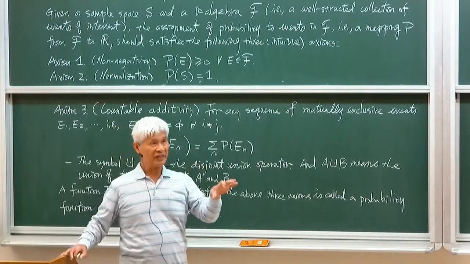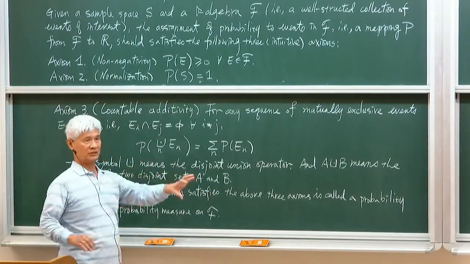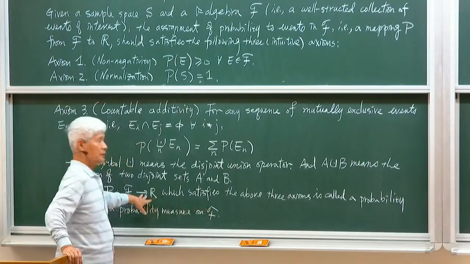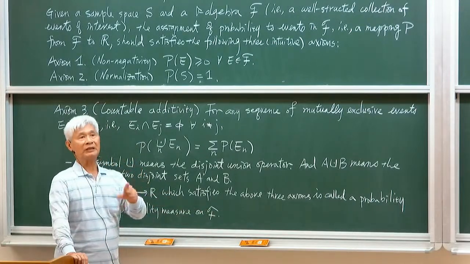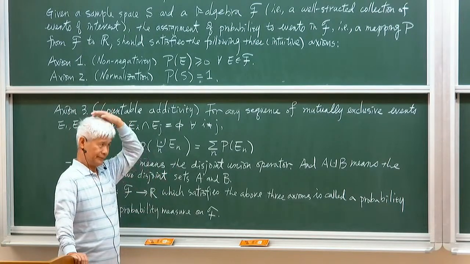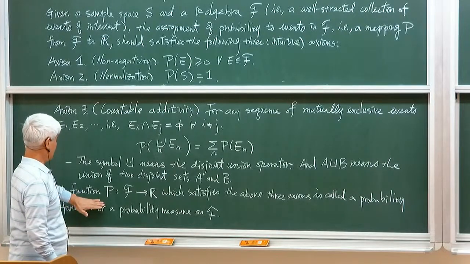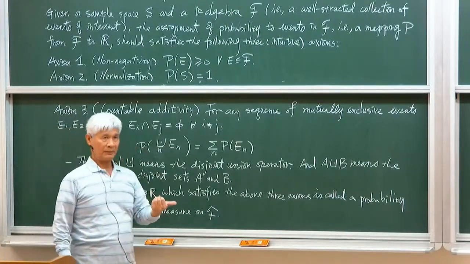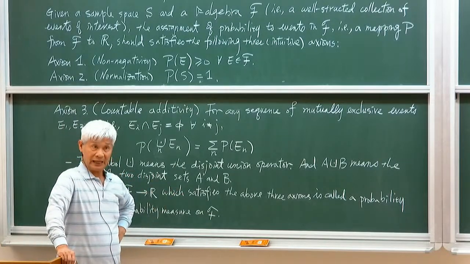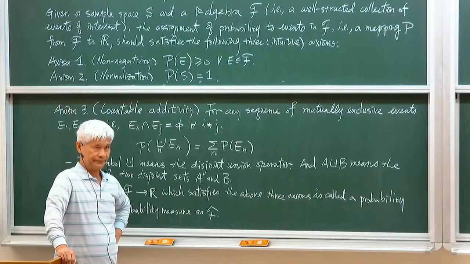If you use fair coins, you build up one probability function; if you use unfair coins, the probability function will be quite different. We will see that later, maybe in the exercise. So for a given sample space and a given sigma algebra, we may have different probability functions, depending on how you execute your random experiments.